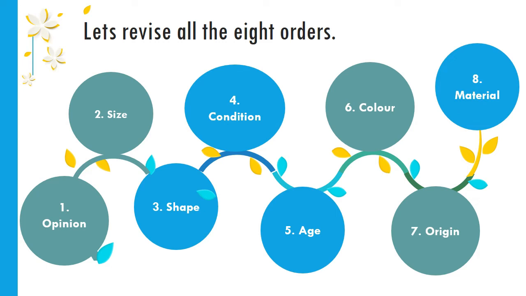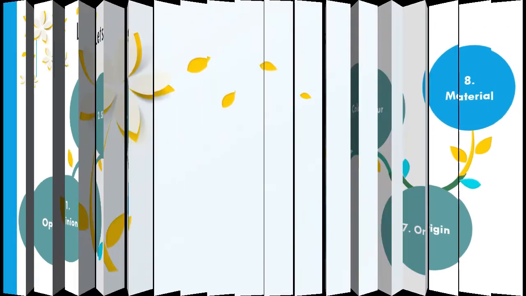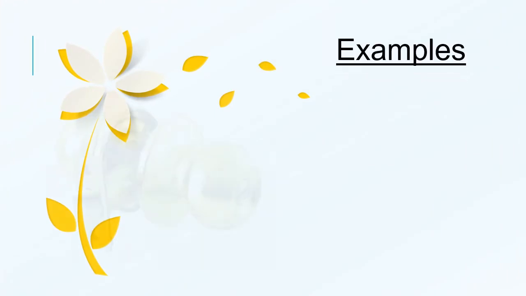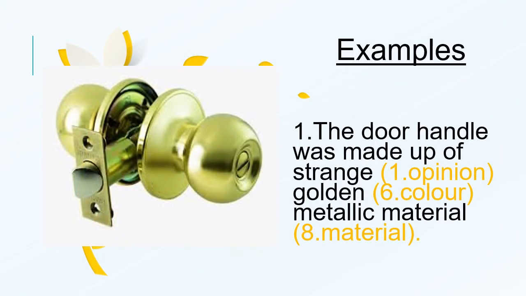Let's revise all the eight orders: opinion, size, shape, condition, age, color, origin, and material. The door handle was made up of strange golden metallic material.